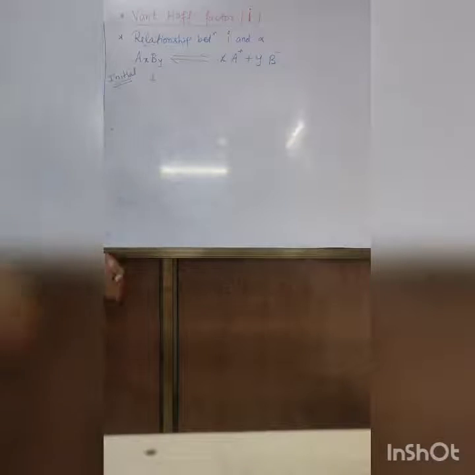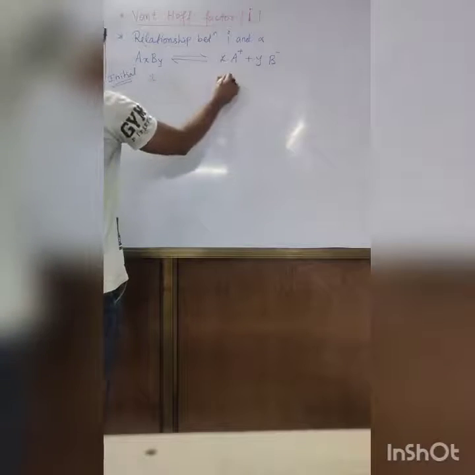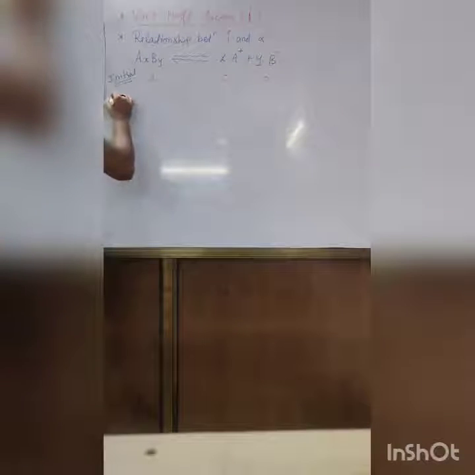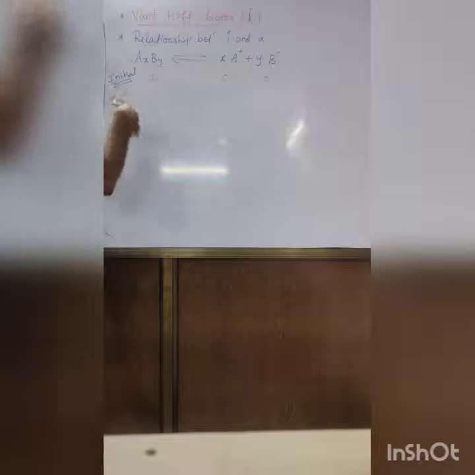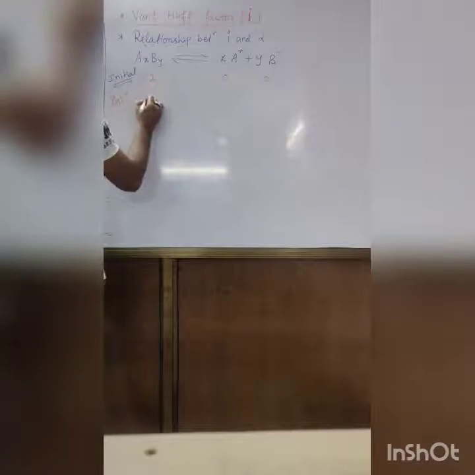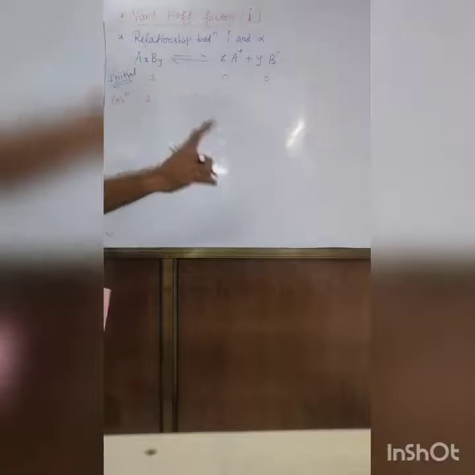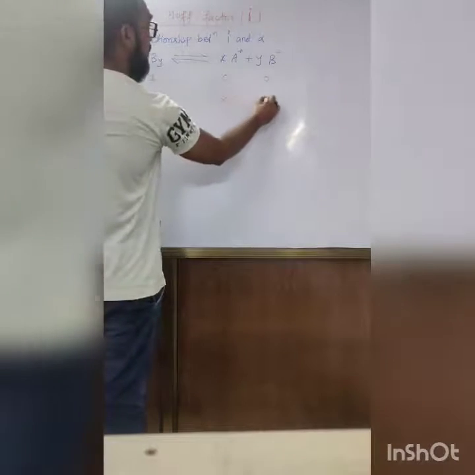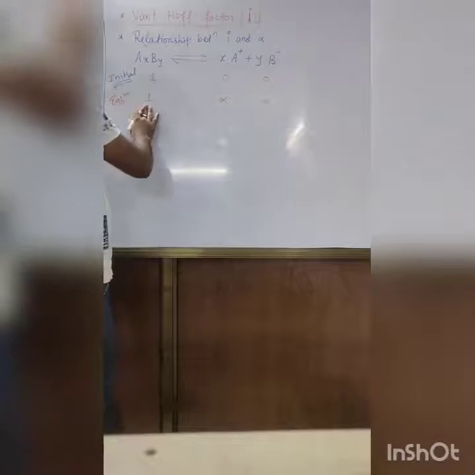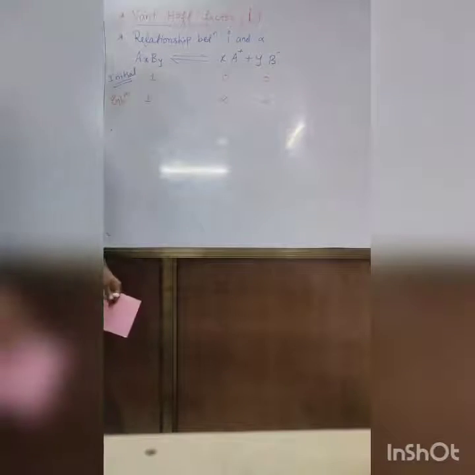Before dissociation, it has 0 ions of A and B. But at equilibrium, or after dissociation, out of 1 mole, alpha mole get dissociated.